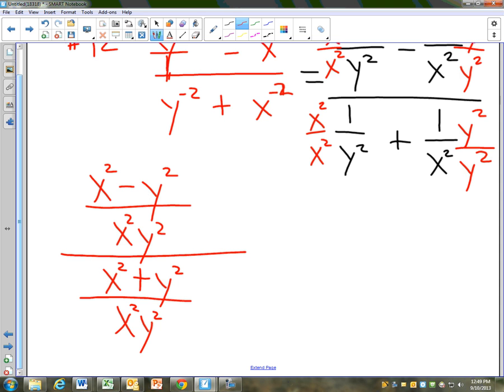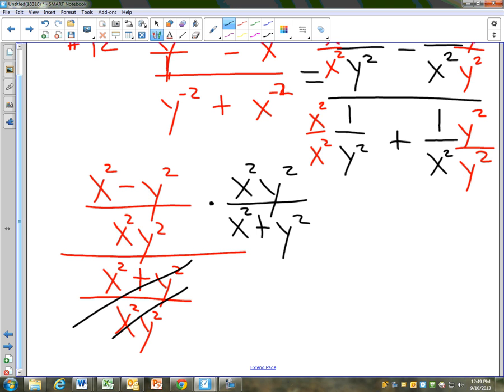Do you see what's going to cancel? I now multiply by the reciprocal. X squared, y squareds cancel.